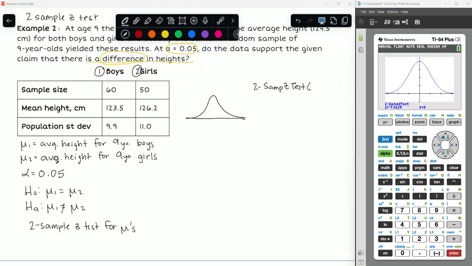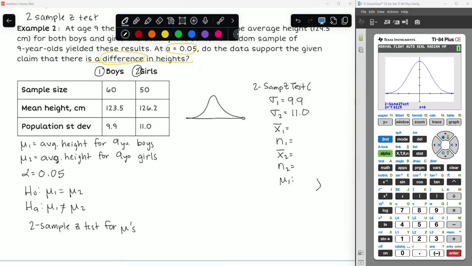We know from the last question it's going to ask for those population standard deviations first, and then it's going to ask for sample mean and sample size for each group. And then it always, as a last step, asks about your alternative hypothesis. So we have 9.9 for group 1, 11.0 for group 2.